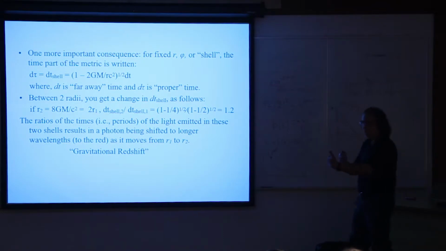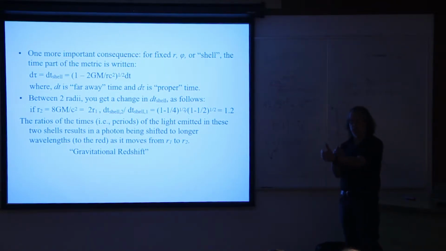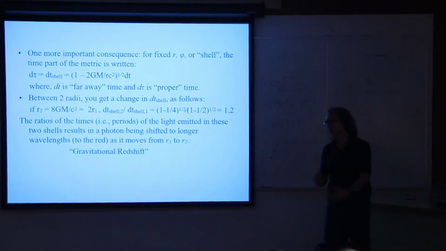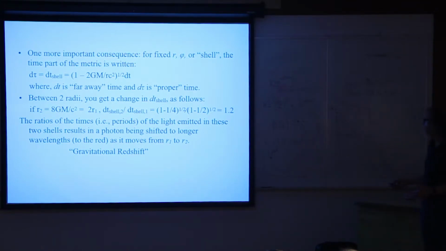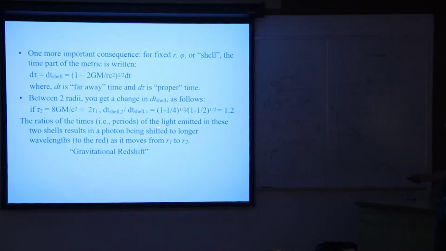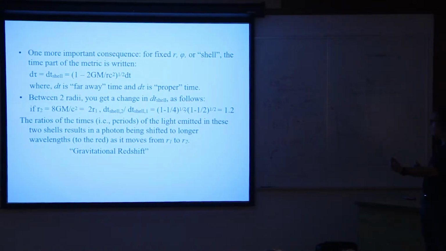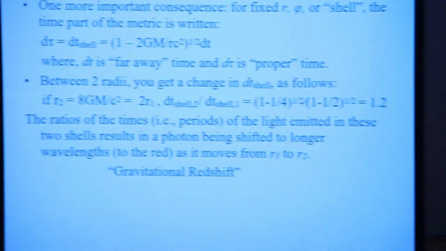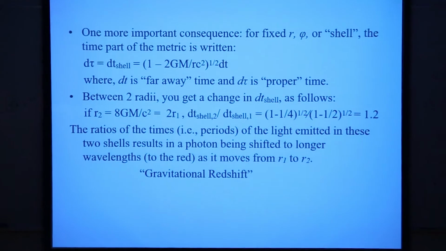Now this relates to an actual difference in time. So it turns out between the shells, you get different times, that is different periods for light emitted. Which means basically the photon gets shifted to longer wavelengths as it's moving away from the central mass from point R1 to point R2.